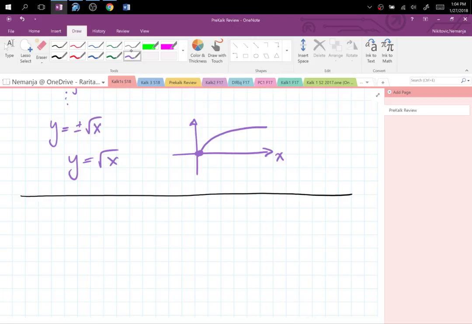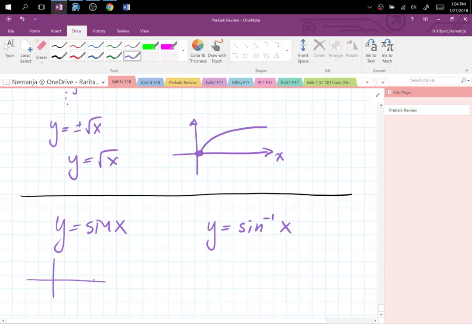So now, y equals sine x, and you are all used to y equals sine inverse x, and you are familiar with that, right? Good. But don't you ask yourself, well, hold on. Sine x is this wave that goes on forever and fails horizontal line test miserably.